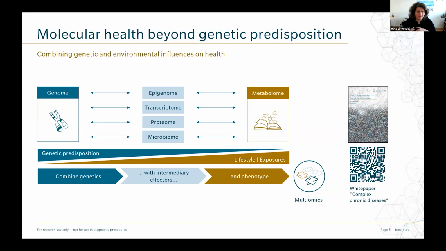Proteomics, for example, is really an end result of how we've transcribed and translated the genome, and that can give us additional information on how those genetic differences can really impact our biology, but also together with some environmental factors or lifestyle factors that will also influence which proteins are expressed or in which quantities.